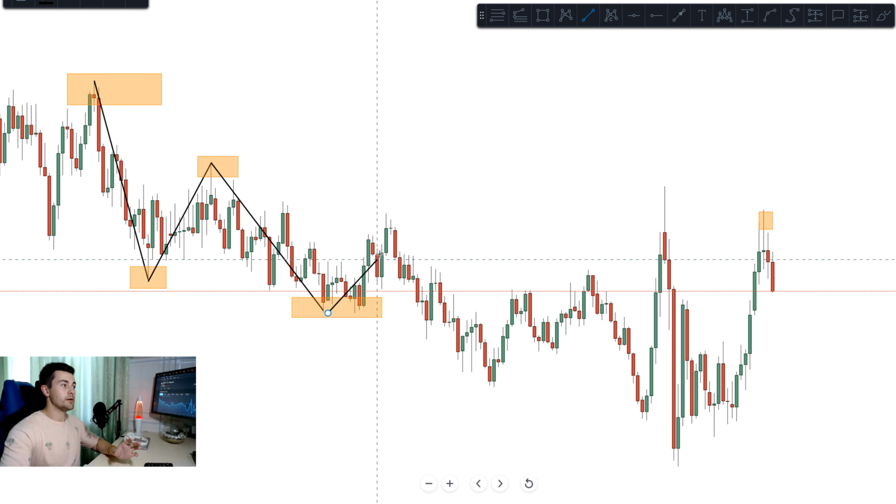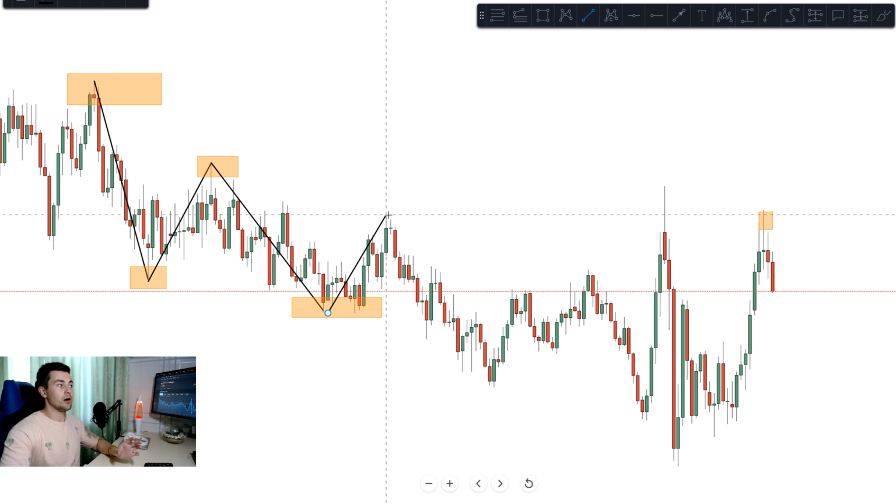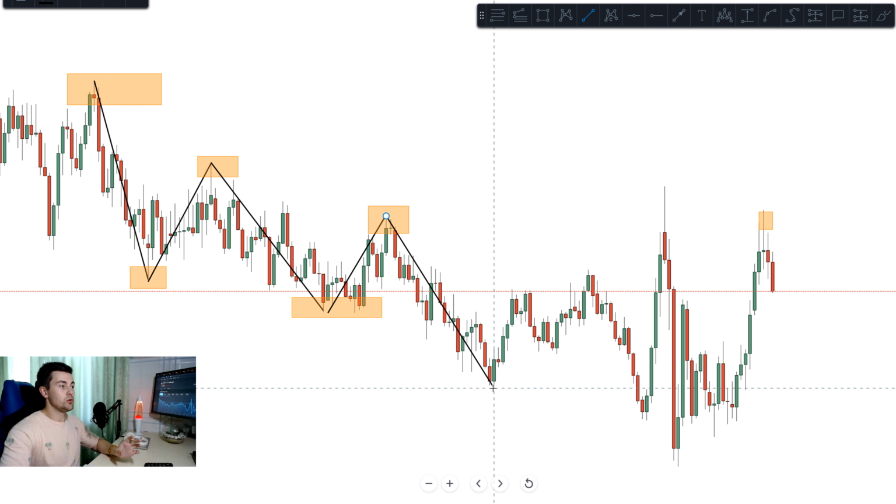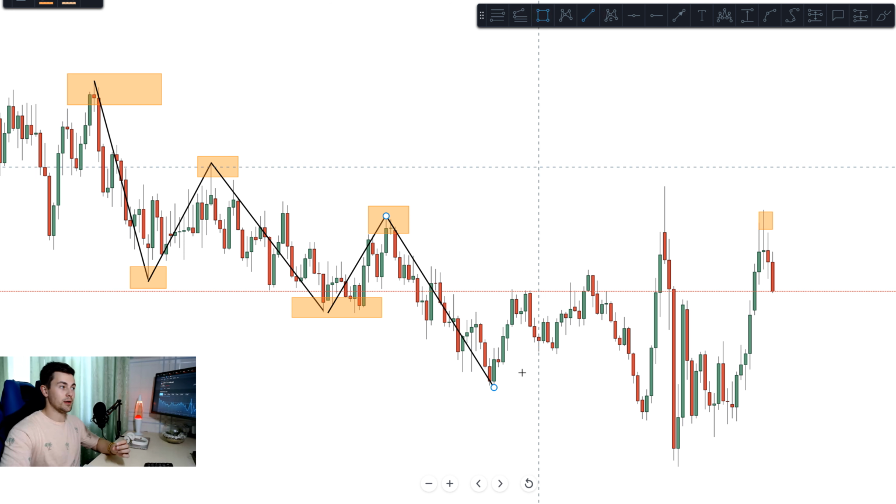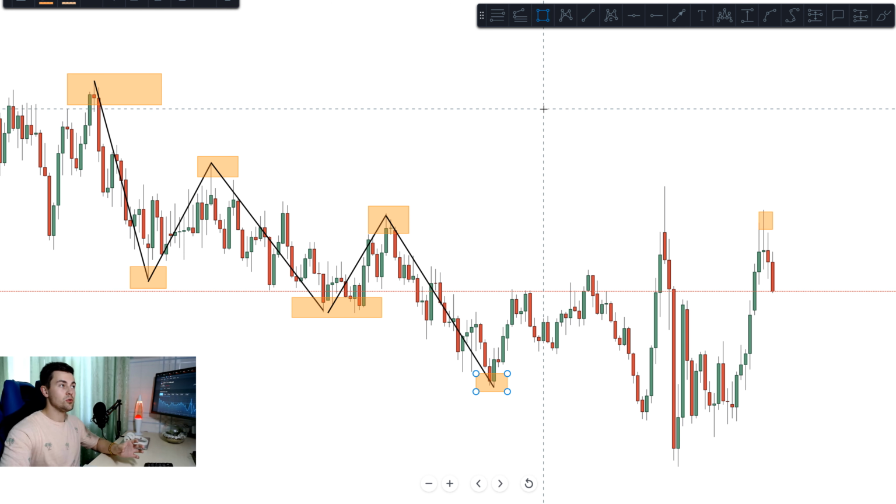Then from here it recovered, and from this lower high right here, a new bearish rally started, a new bearish impulse started, and here is our new lower low.